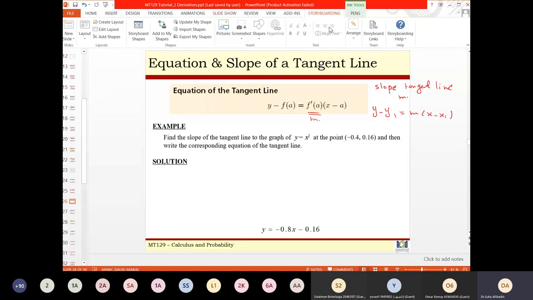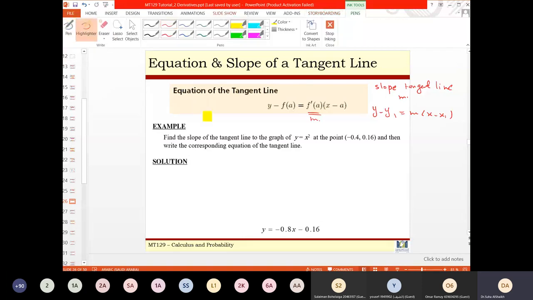So find me the slope of the tangent line to this curve at this given point. And then number 2, write me the correspondence equation of the tangent line. جيبوا لي السلوب أول وبعدين جيبوا لي equation of the tangent line. We agreed إن the slope of the tangent line معناها derivative.